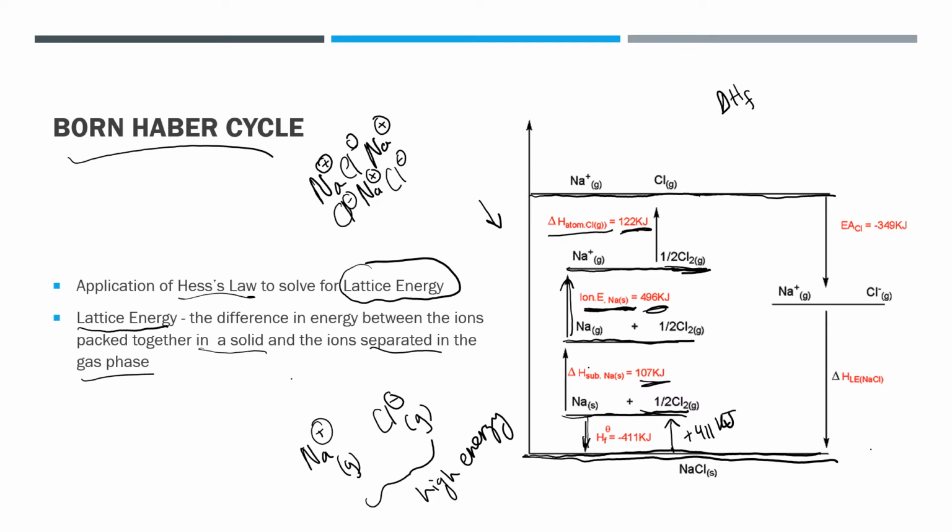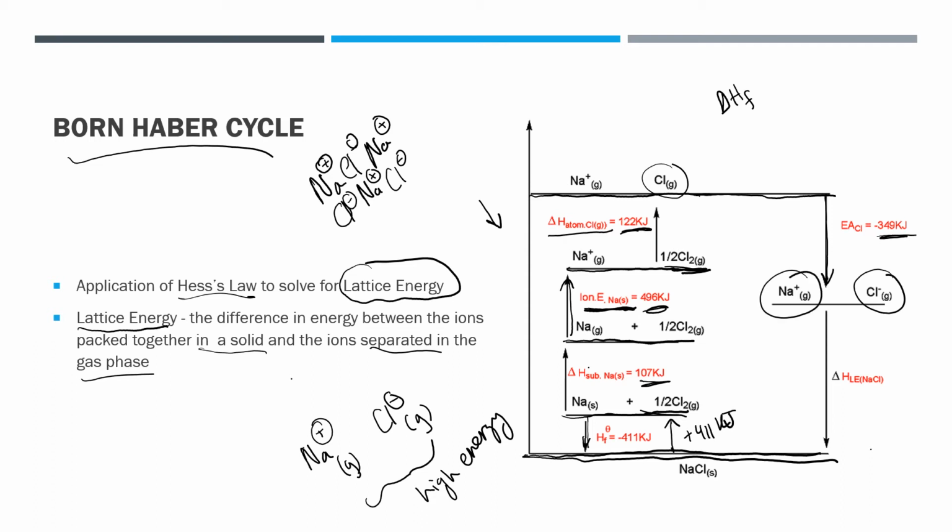The electron affinity is the enthalpy change when I just shove an electron into a chlorine, right? What is the enthalpy change? So my electron affinity is negative, right? You can see that it's negative 349 kilojoules. And that electron affinity basically adds an electron to the chlorine in the gas phase. So you go from Cl in the gas phase to Cl minus in the gas phase.